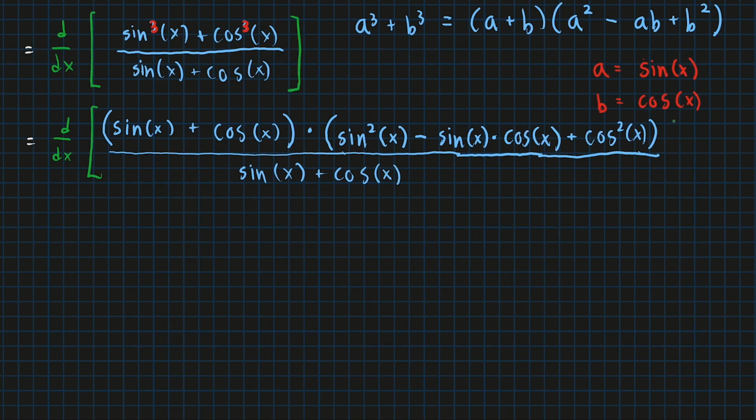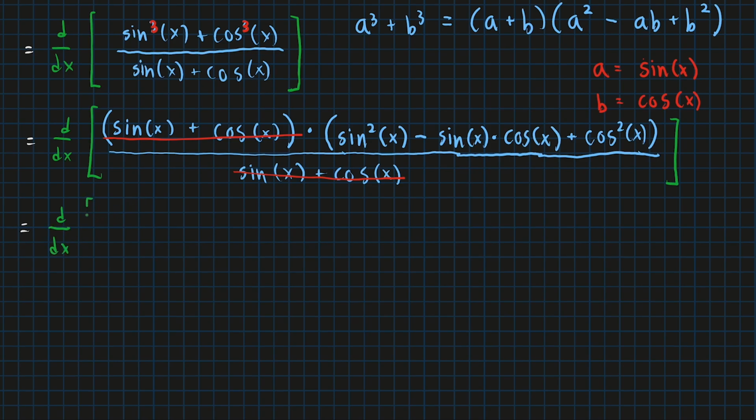So do we see any way that we can simplify this? Well, we have a sine x plus cos x in the numerator. It's a factor of the numerator. And we have that in the denominator as well, so we can just cancel those out. Bye-bye to that, and bye-bye to that. We are almost in the final stretch here.